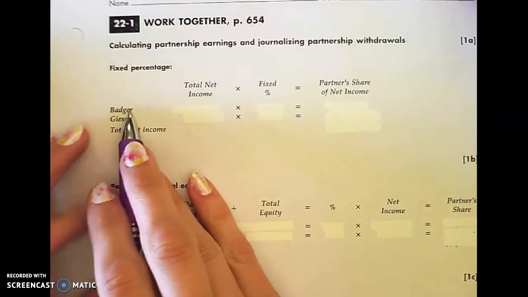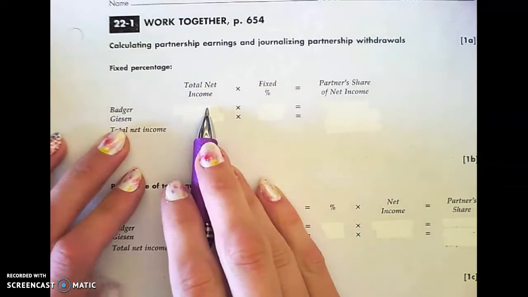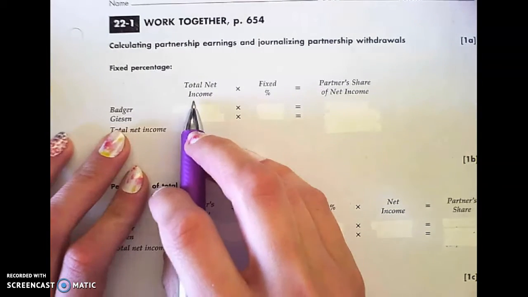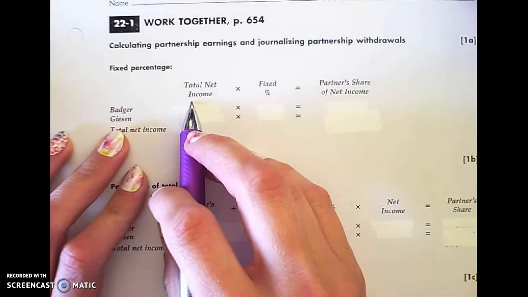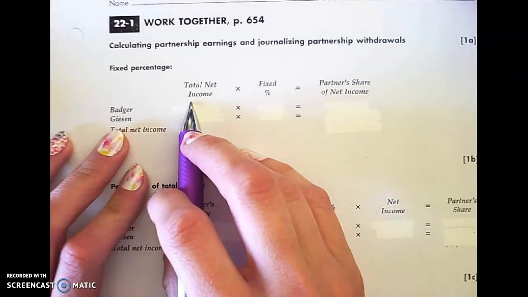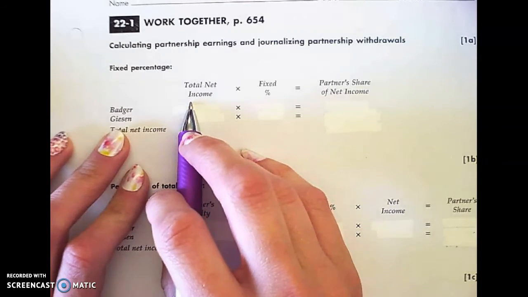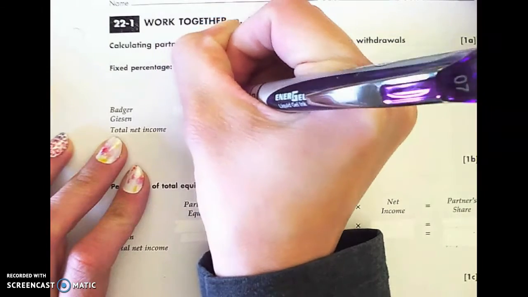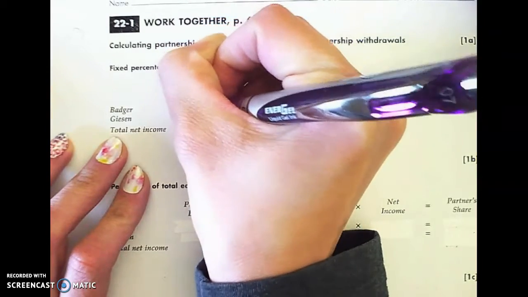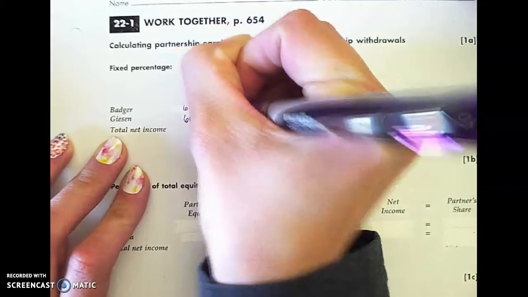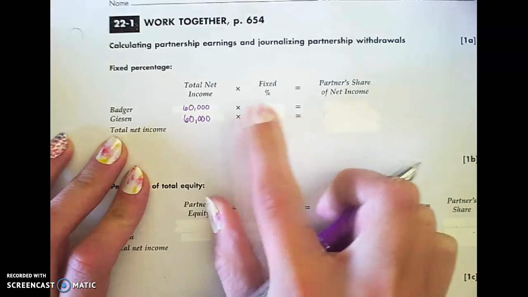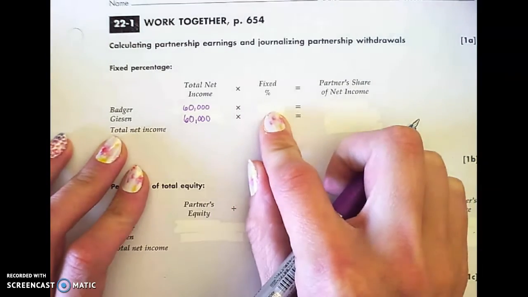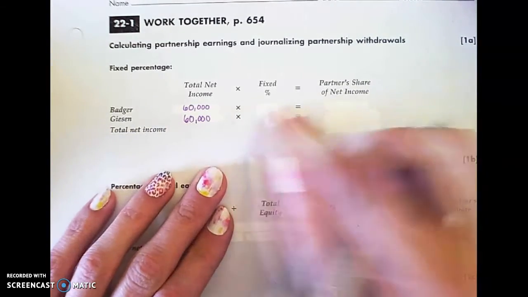So for Badger and Geeson, we have their total net income. And total net income was $60,000. That was in the first step. It says calculate how the $60,000 net income. So for each of these, I will put in 60,000. And I will take that times the fixed percentage rate. They're each getting 50% of the net income.